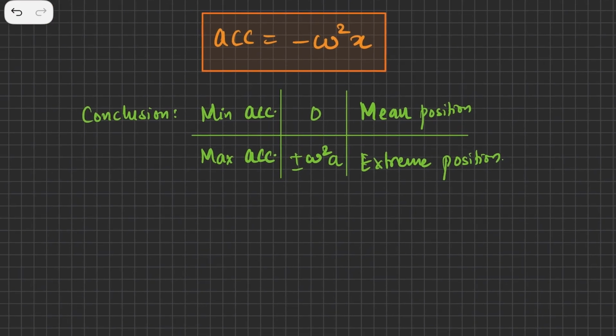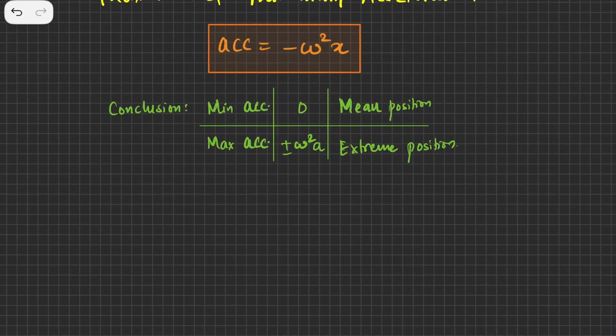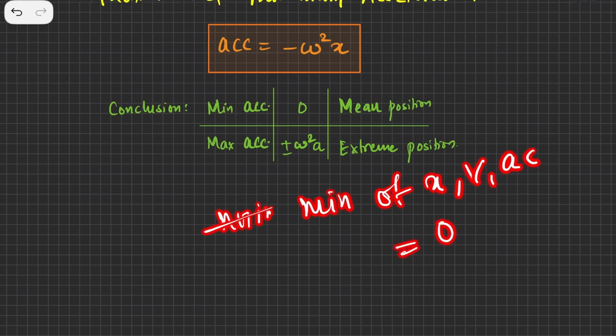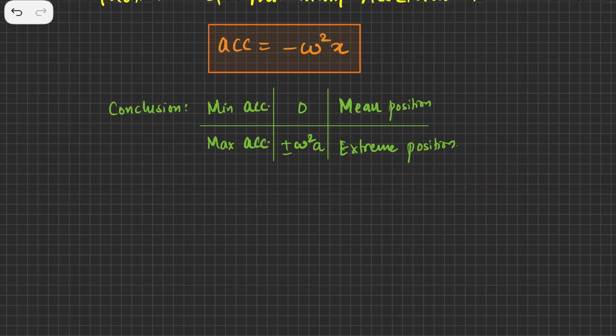Now a few things you should note. One is the minimum of everything like displacement, velocity and acceleration is 0. Yes, they might be at different positions, but yes, minimum is equal to 0.